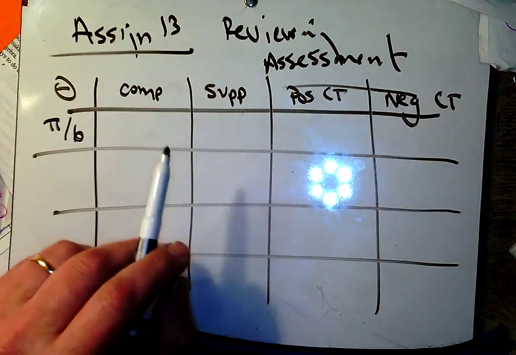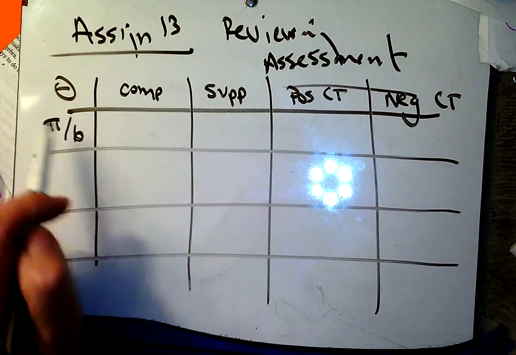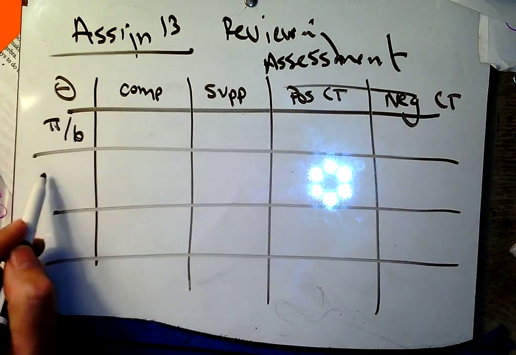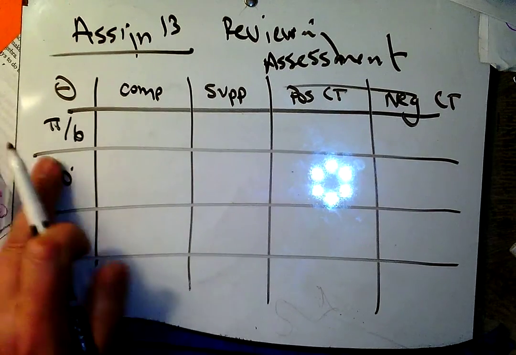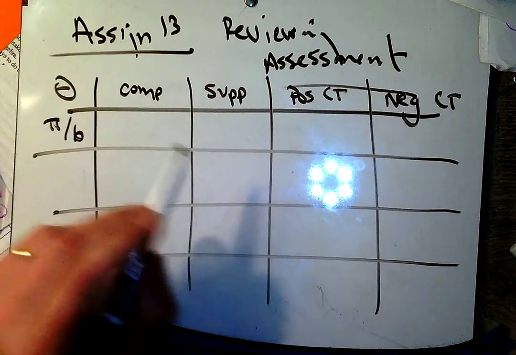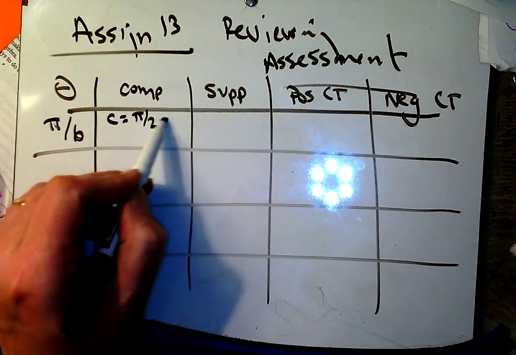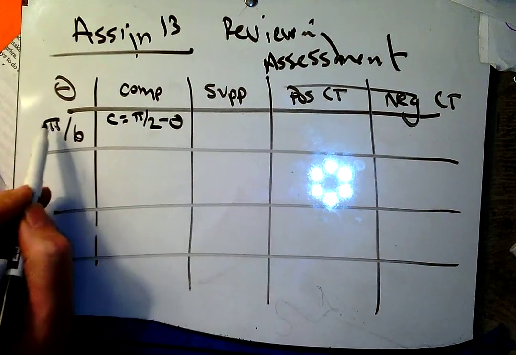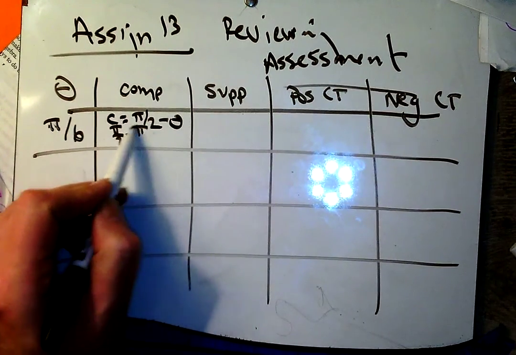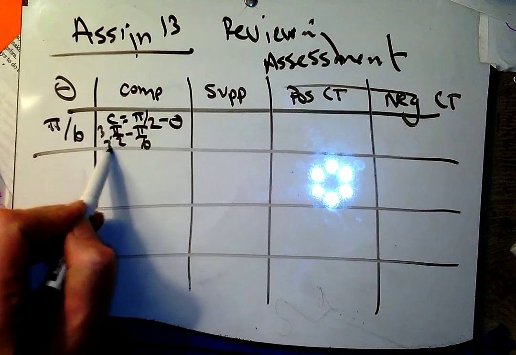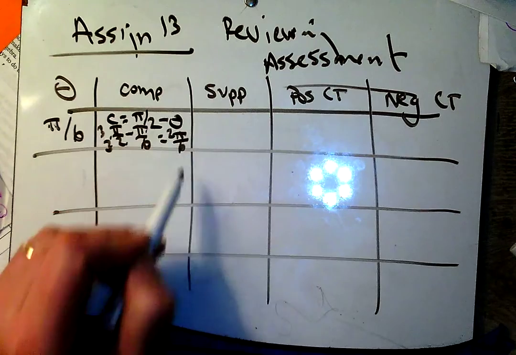Okay, so what do we know about complements? Complements add up to pi over 2 because this is radians. If I had degrees, then complements would add up to 90 degrees. I hope you remember our little formula that the complement is pi over 2 minus theta. So pi over 2 minus pi over 6, 3 pi over 6 minus 1 pi over 6 is 2 pi over 6.